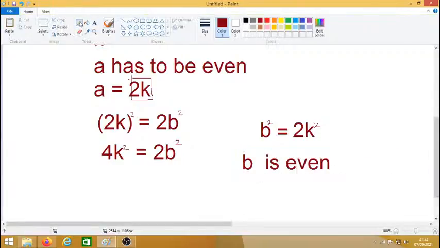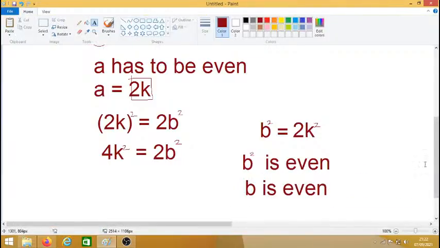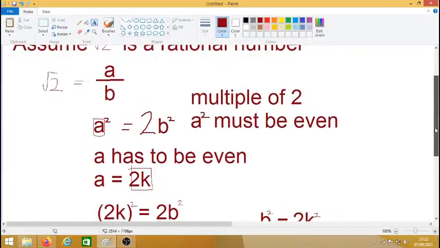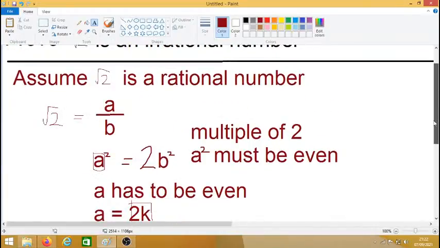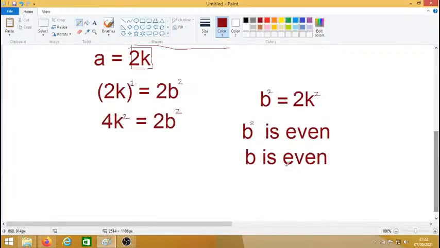And if b squared is even, that's a square number that is even, then the number that made that square number is also even from the previous proof. So I've ended up with a has to be even, b has to be even.